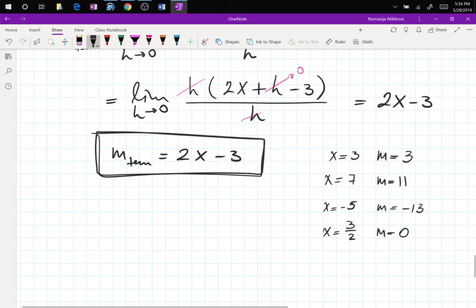Because when you plug in 3/2, 2 and a half cancel. 3 minus 3 is left. 3 minus 3 is 0. So what is this? This is now a function which generates all of the slopes. I'm going to write that one in blood over here.